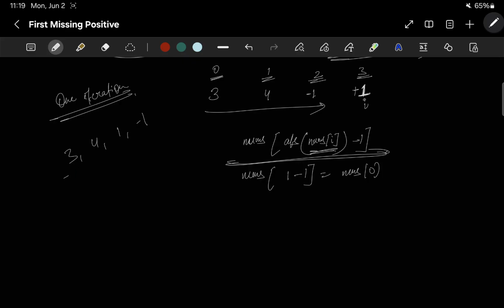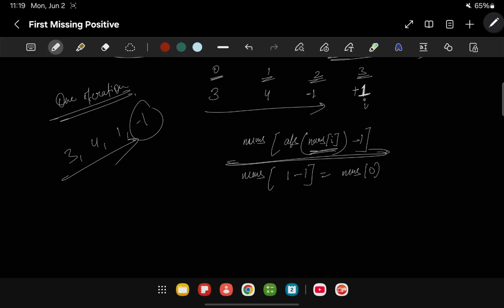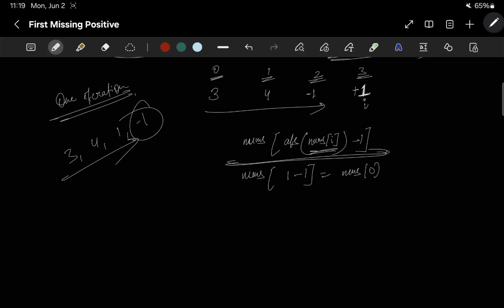So we will only iterate till this point. We will not iterate on this, otherwise there will be a chance of repetition. So this will remain minus 3, and I will never reach this point. I will exit from this point and we have this.